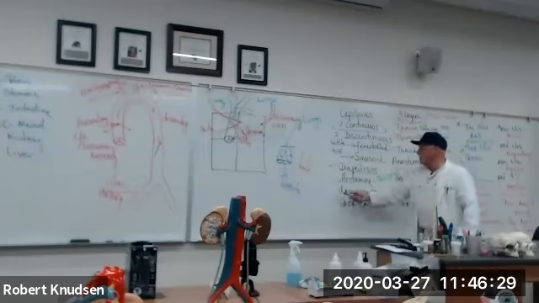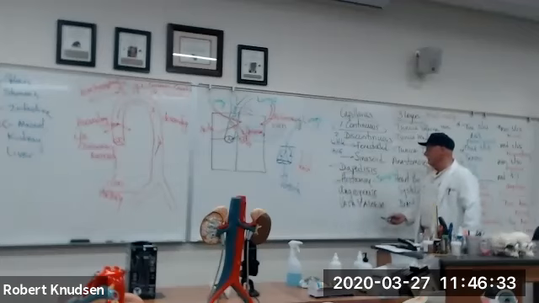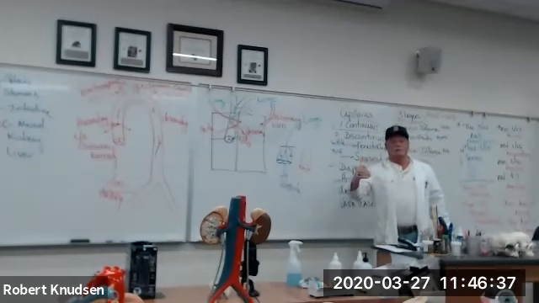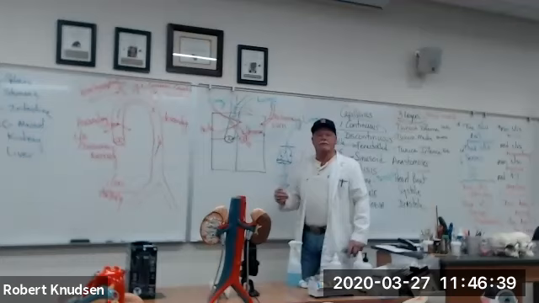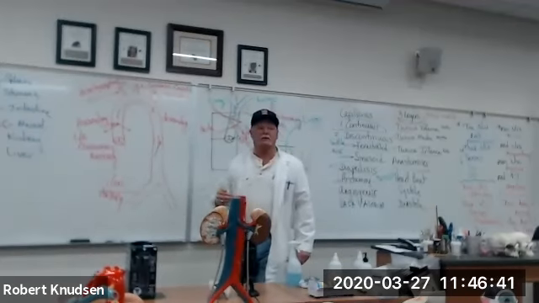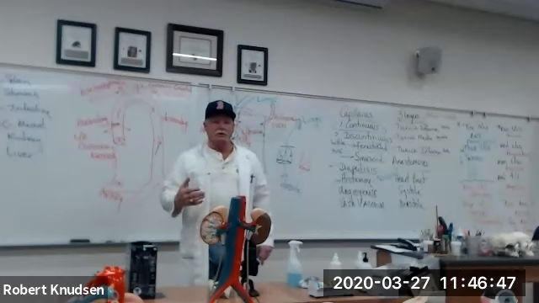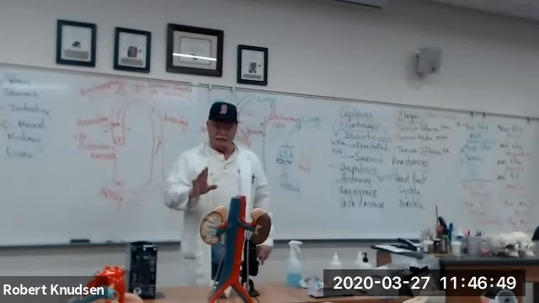Okay, you see two more terms here. Angiogenesis and Vasa Vasorum. Angiogenesis means the making of new blood vessels. That is the scientific term for making of new blood vessels. Angiogenesis. Angio, vessel, genesis, new or to make. Do you understand?